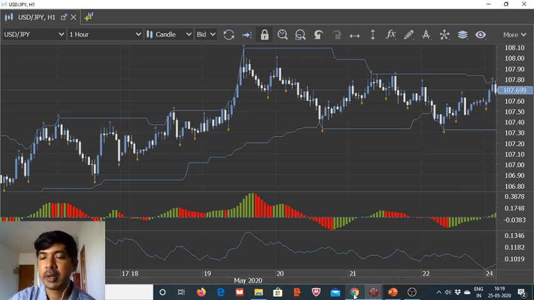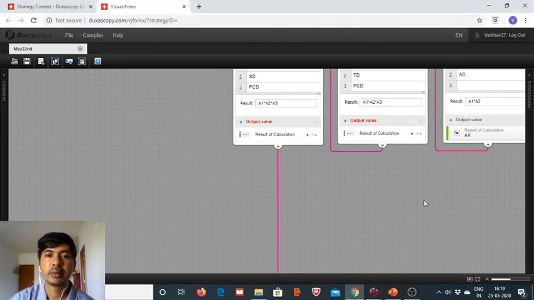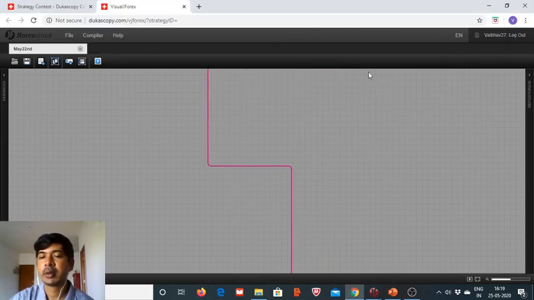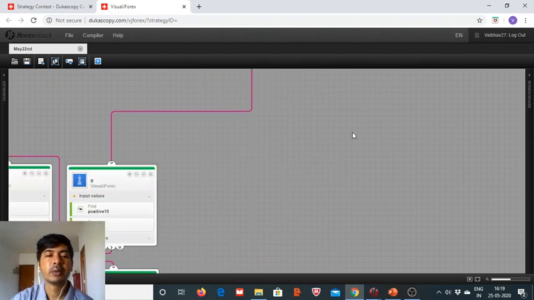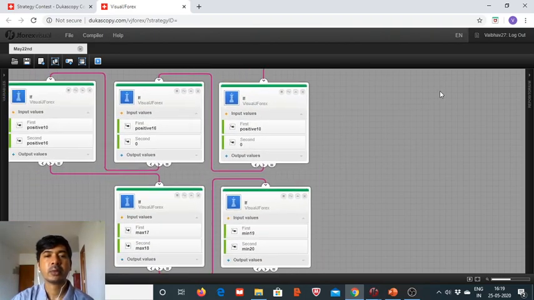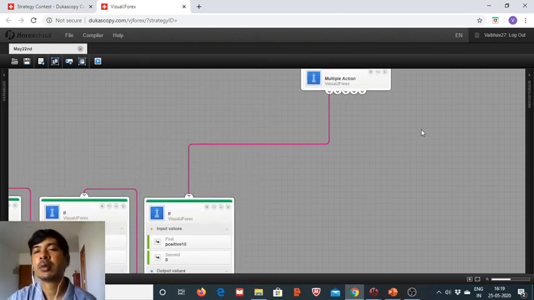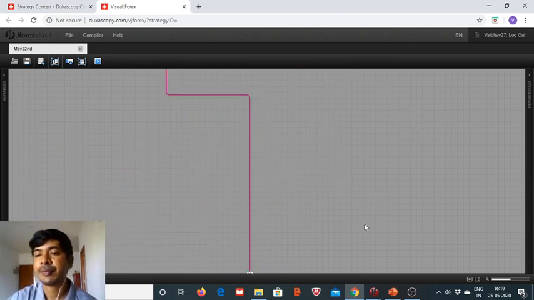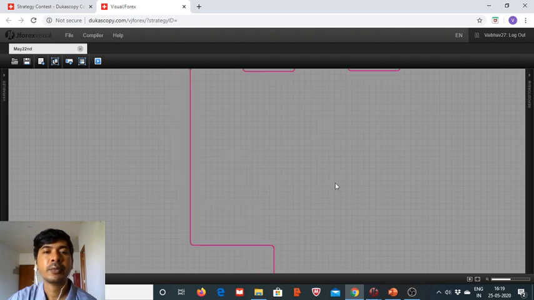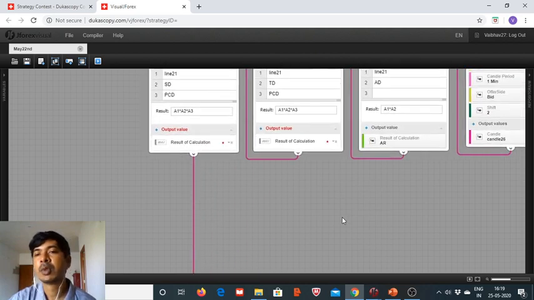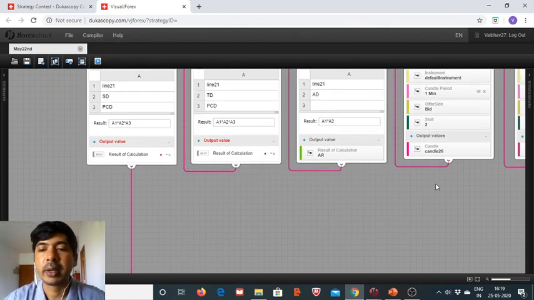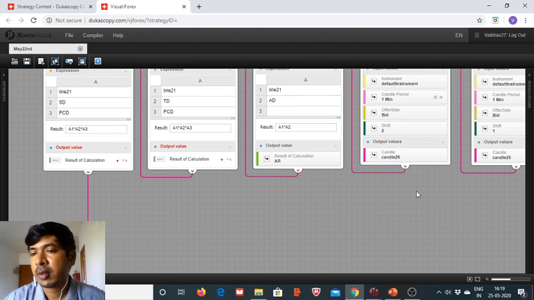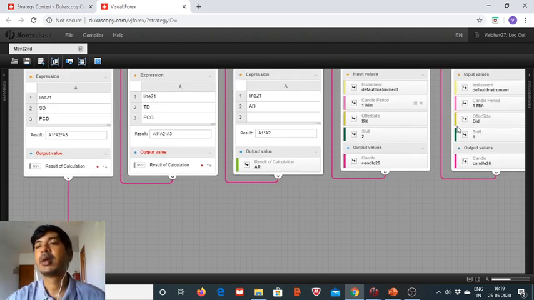So we again head back to the chart, and now we will need to compare the closing levels of the 1 minute candle as well.